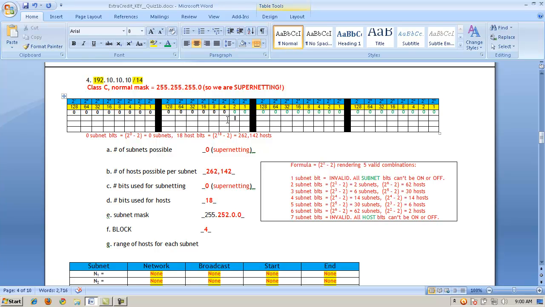If I turn on the 4 here and turn these others off, then the network I'm on would be all the host bits turned off, so 192, 4, and then 0, 0. That would be the network.